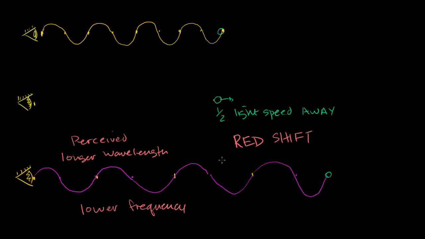And light is the same thing, but in a vacuum, it will always move, regardless of what the source is doing, at the same velocity. The only difference is that its perceived frequency and wavelength will change.